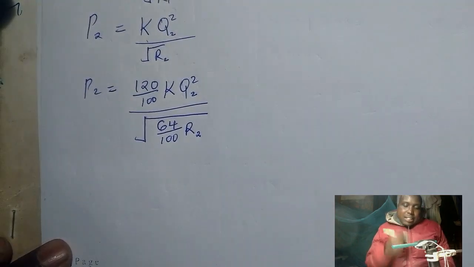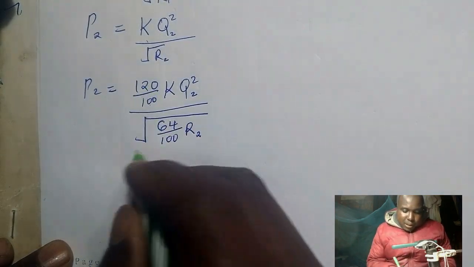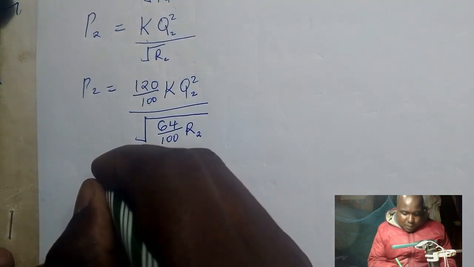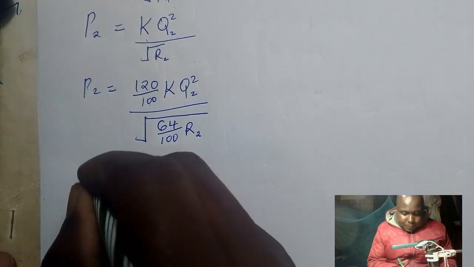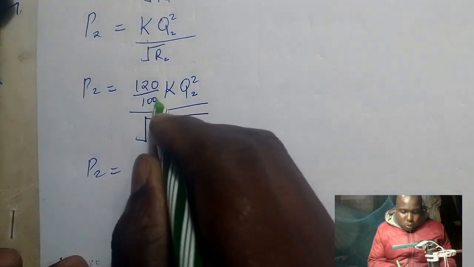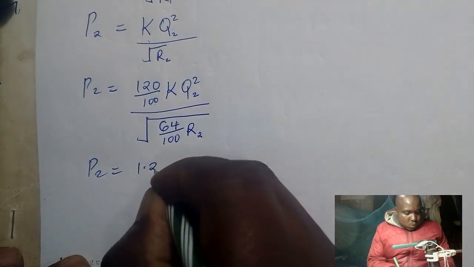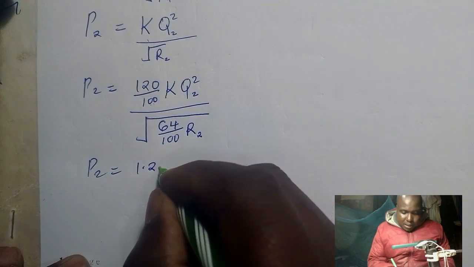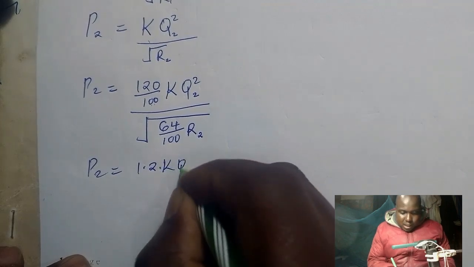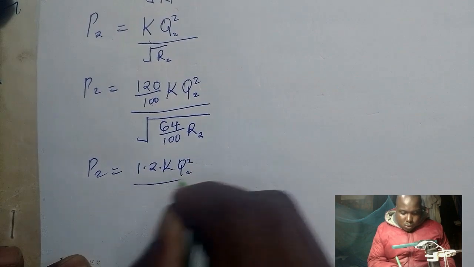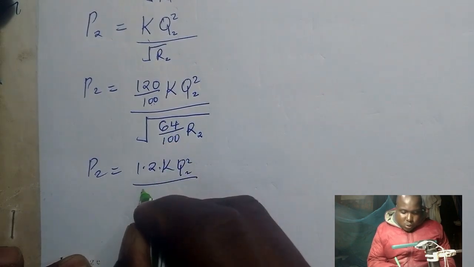So next, let's divide. We are going to have P2 equal to 1.2, squared, times K Q2 squared over the square root of this, which is going to be 0.8.